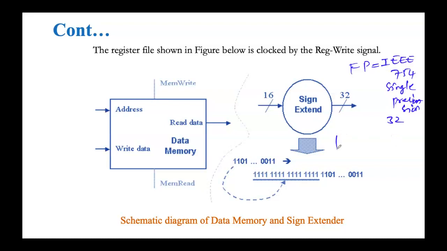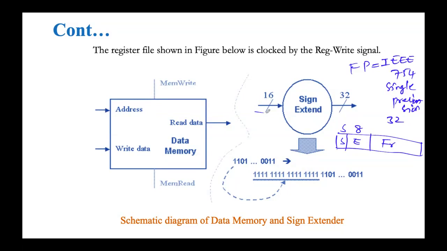In that 32-bit format, the first bit is the sign bit, the next 8 bits are the exponent bits, and the remaining bits are the fractional bits.